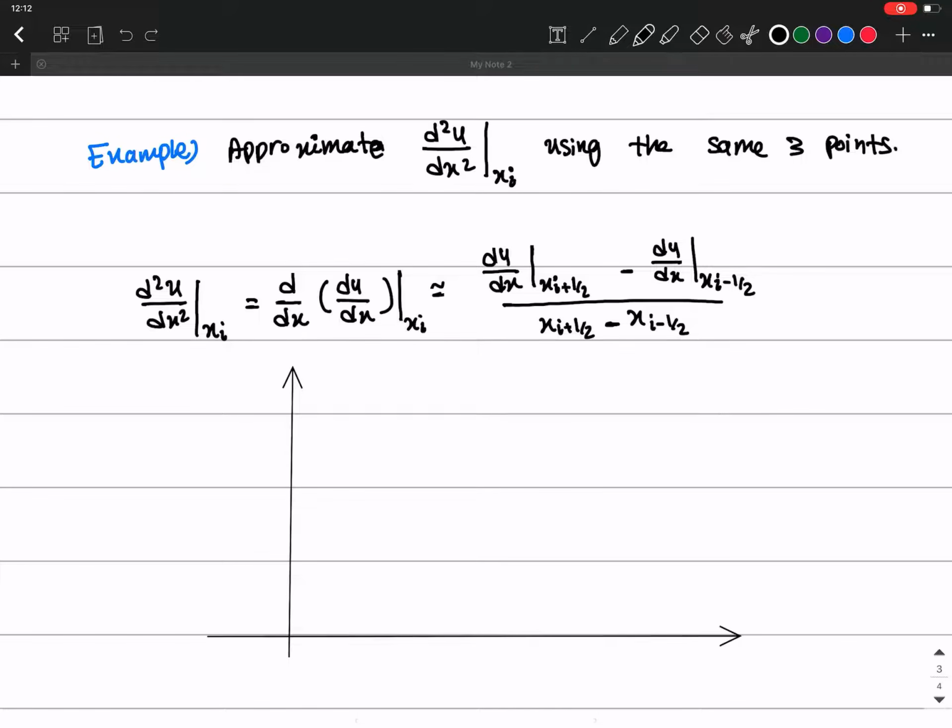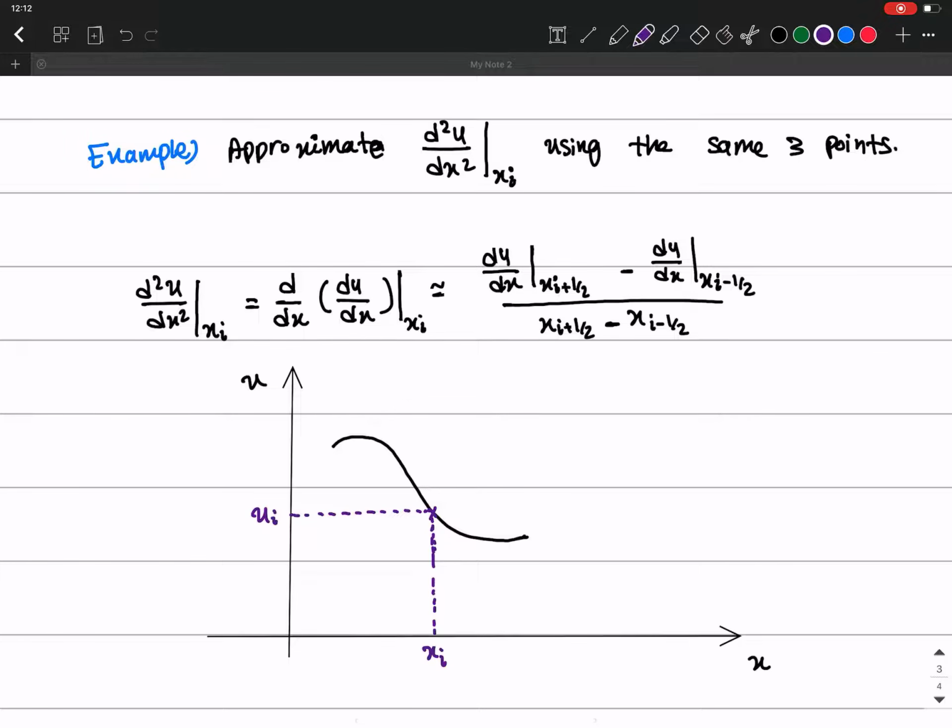This is x, this is u, and let's plot an example function. This is xi, and this is ui.